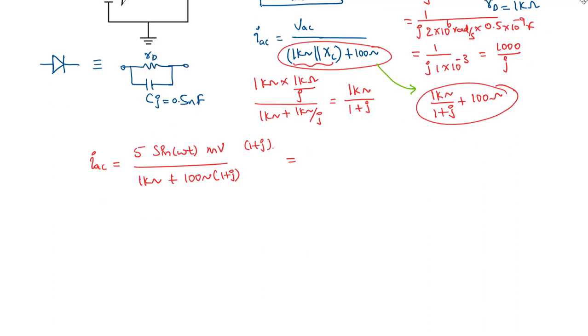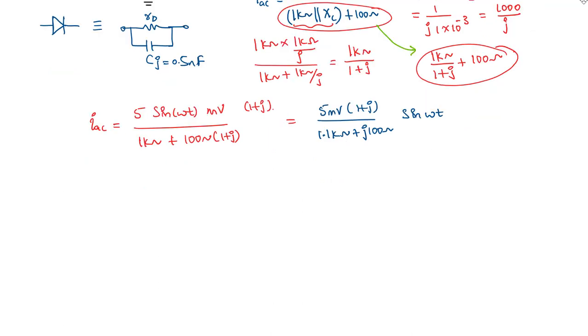So now we can write this equal to 5 millivolts times 1 plus j over 1.1 kilo ohms plus j 100 ohms, times we have sin omega t.